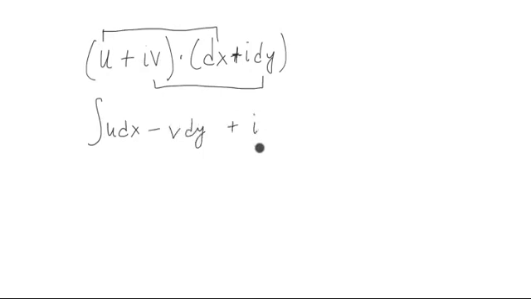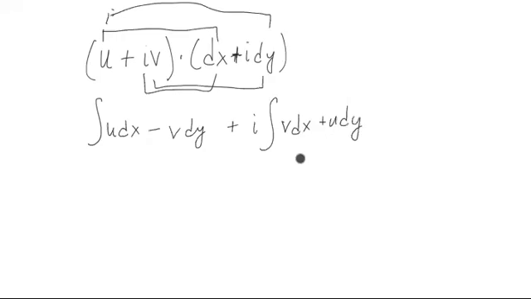And the imaginary integral over here will come from this and the inside here. So let's see, v dx and plus u dy. Now, in order for the curl to be zero, let's see what needs to happen.